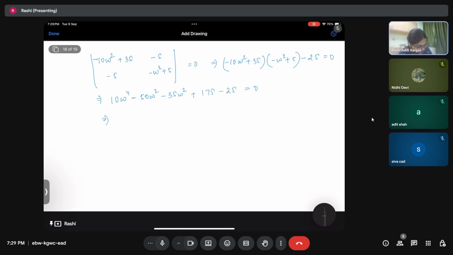This will give us the form 10 omega to the power 4 minus 85 omega square plus 150 is equal to 0.